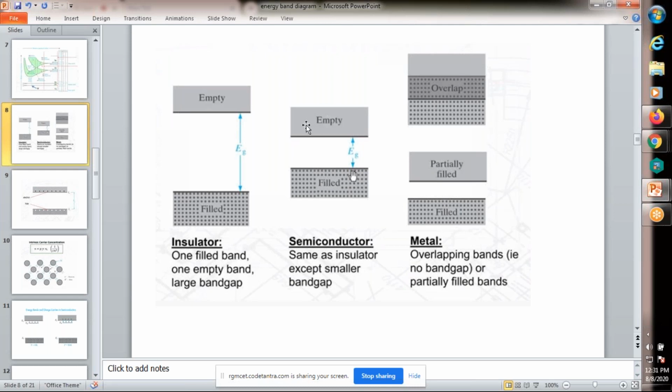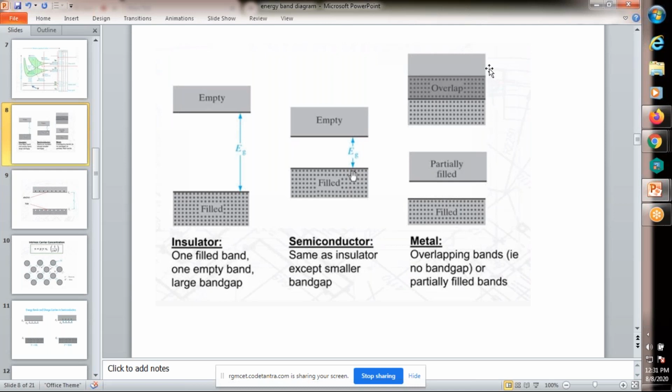Then conduction takes place. A few charge carriers available in the conduction band result in electricity, as current carriers.